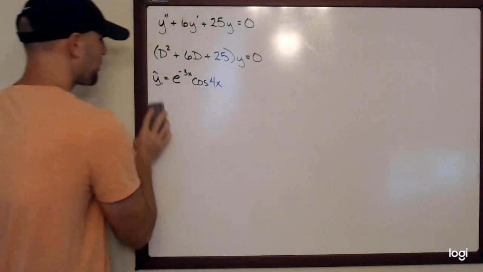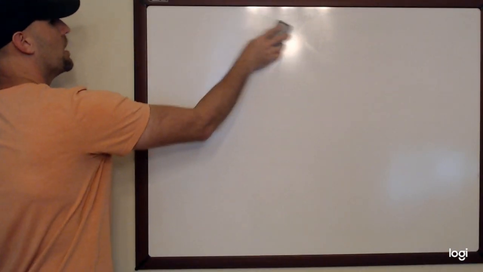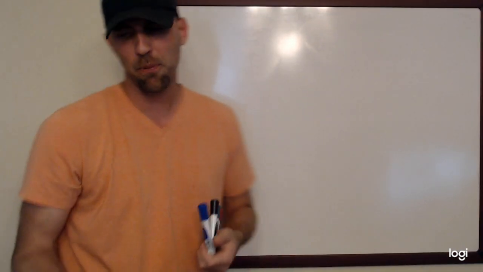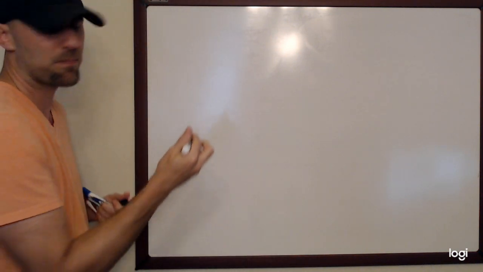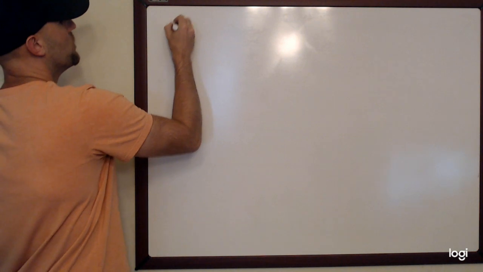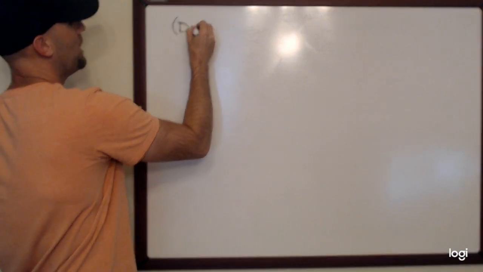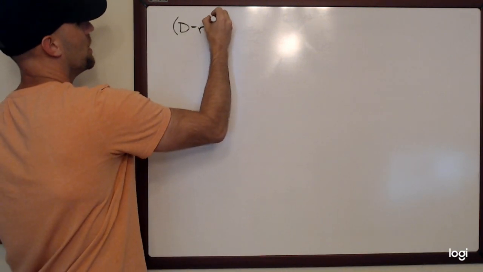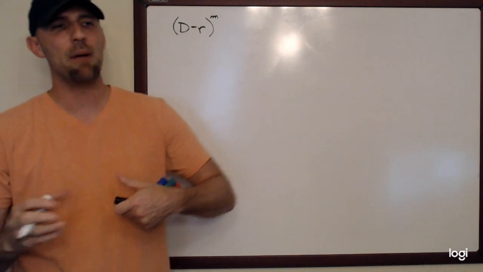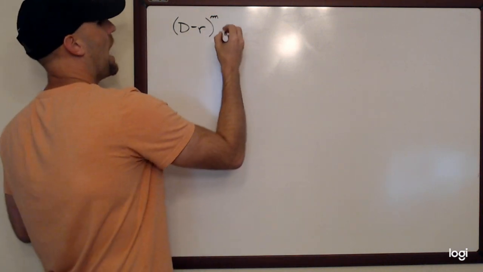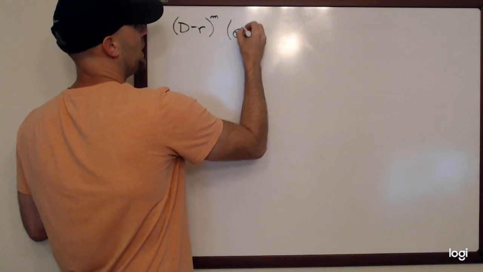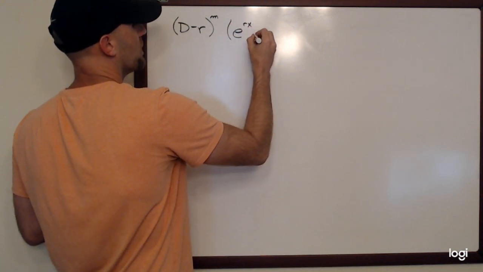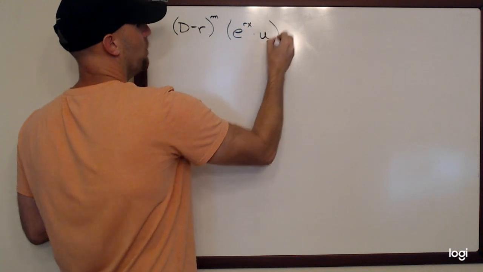And so I have a couple things that I want to claim here. The first one is that suppose you have the operator d minus r to some power m, and you are applying this to the function e to the rx times u. u is some function of x.